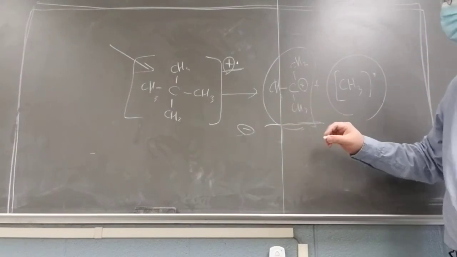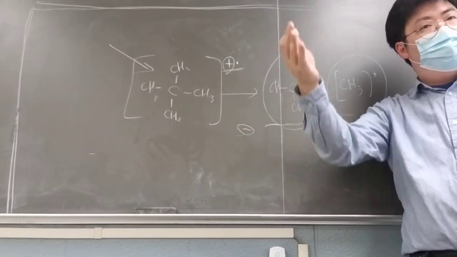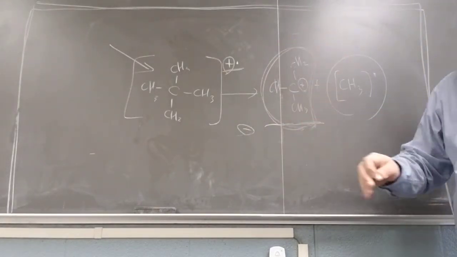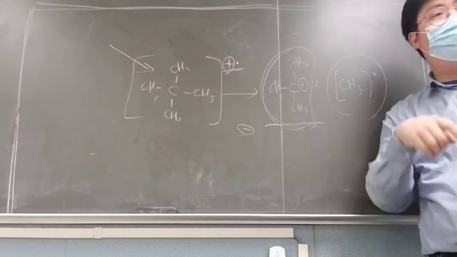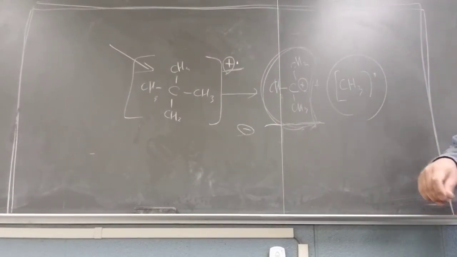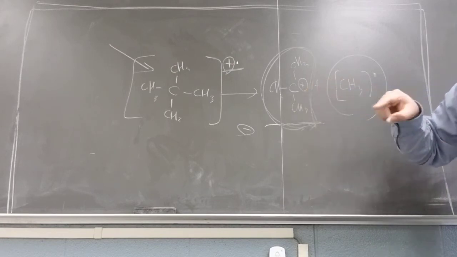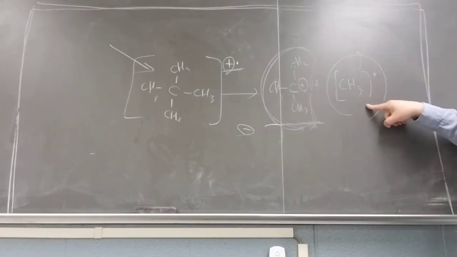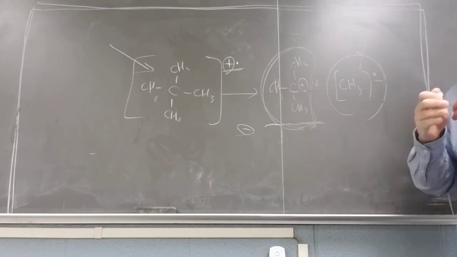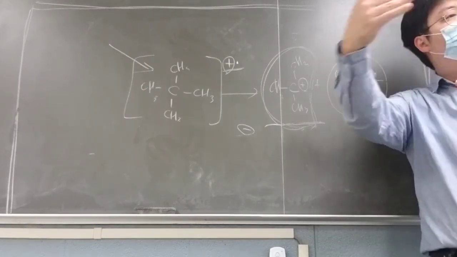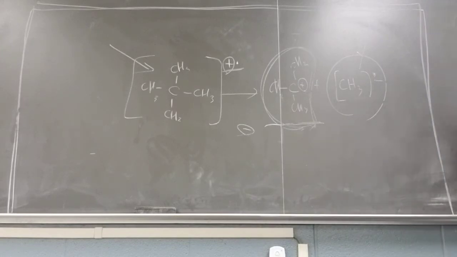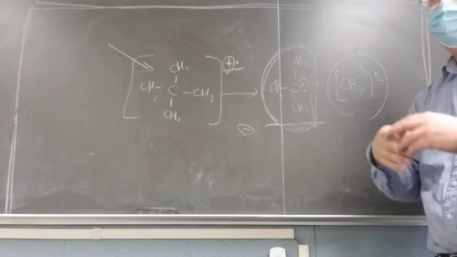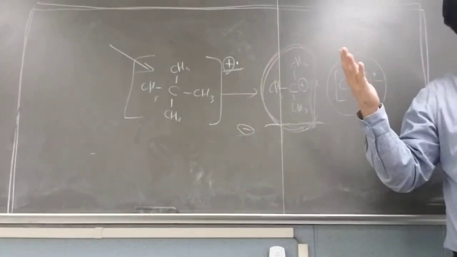When you're detecting the fragments, you use a magnetic field that makes the fragments curve in motion, and the one with the charge is the only one that can curve. This one will not, because it doesn't have any charge in radical form, so it will just hit the wall of the mass spec. So this is the only thing you're going to find in the data and the peak. So keep this in your mind, okay?